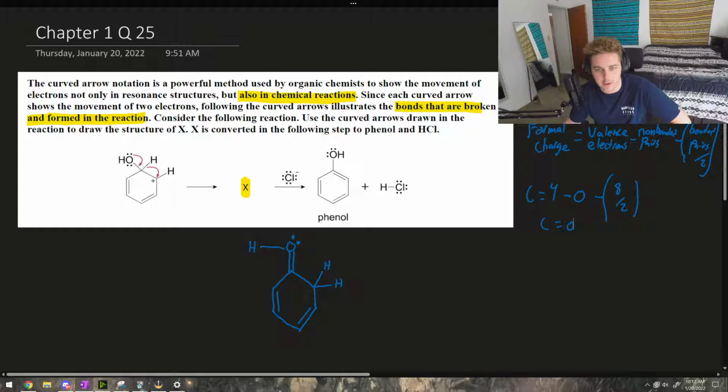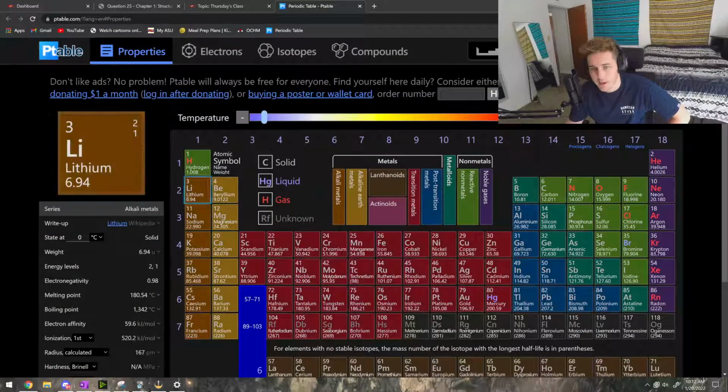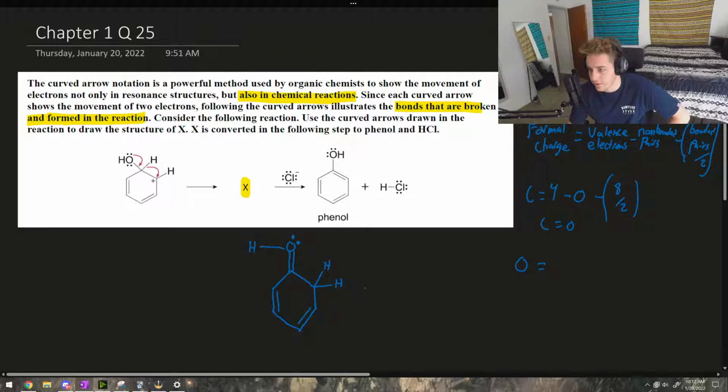So this charge has disappeared. What about the other one that we changed? The O. Let's do it for the O. Formal charge of oxygen equals valence electrons of oxygen. This one is 6, if I'm not mistaken. Let's open it up. 1, 2, 3, 4, 5, 6. Oxygen has 6 valence electrons. 6 valence electrons minus non-bonded electrons. We have 1 here, 1 there, so that is 2 electrons. 6 minus 2 minus the bonded electrons.